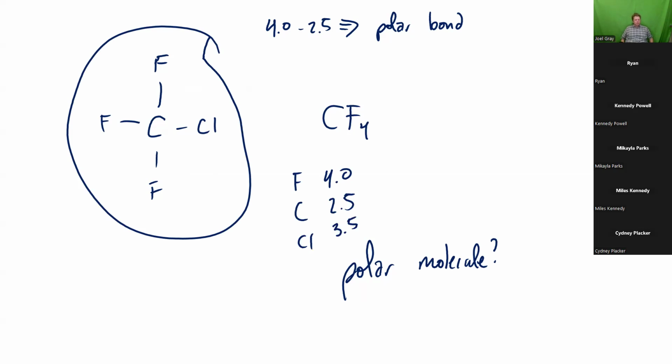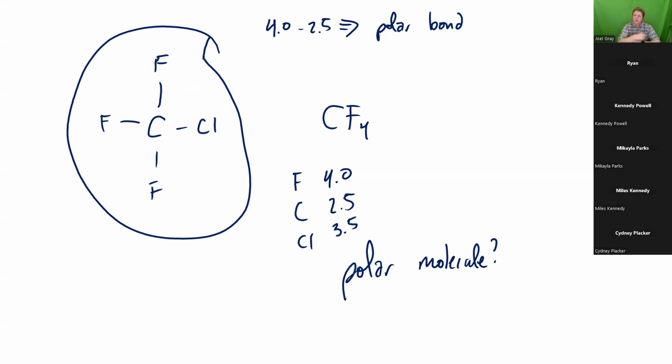Is this a polar molecule? This is definitely a tricky way to think about this. Okay, this is a polar molecule.